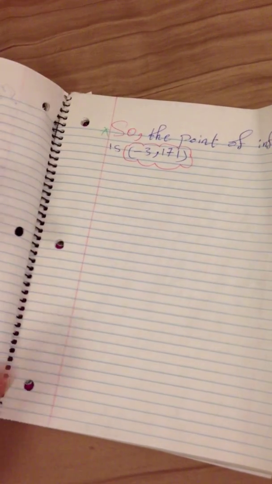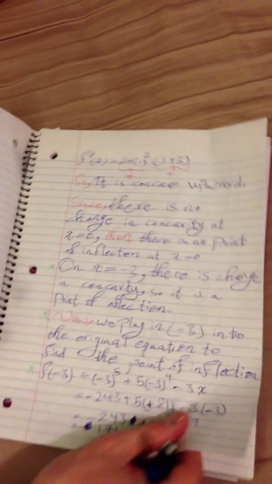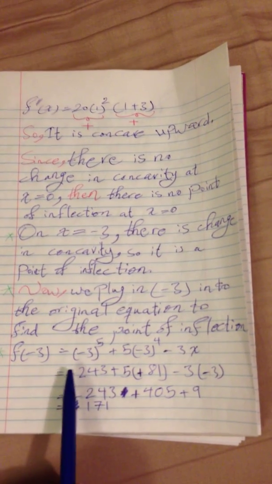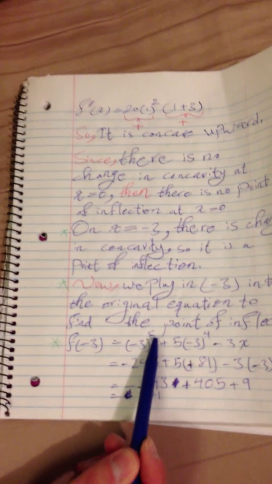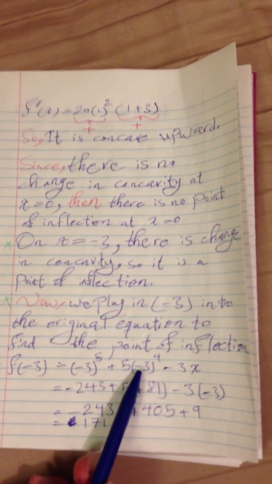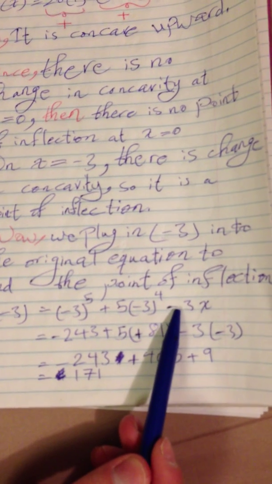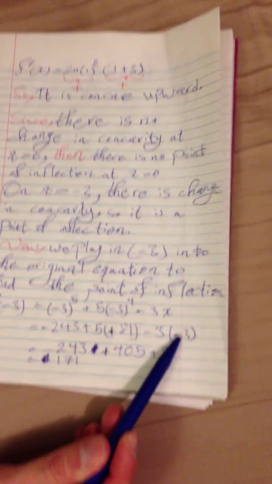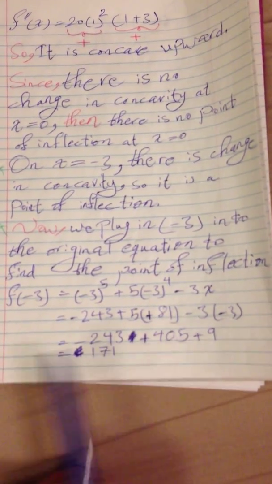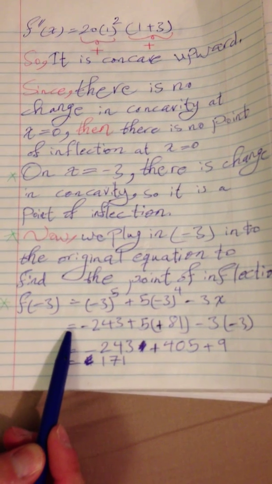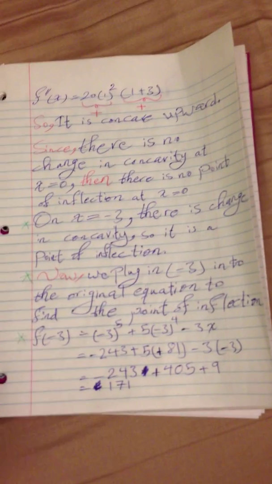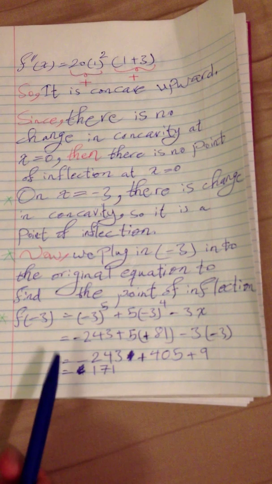Now, returning to find the point of inflection by plugging negative 3 into the original function, where x here is negative 3.